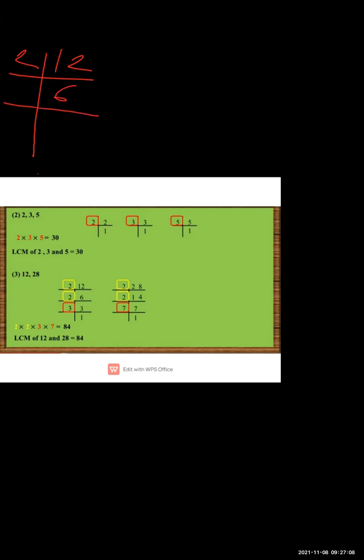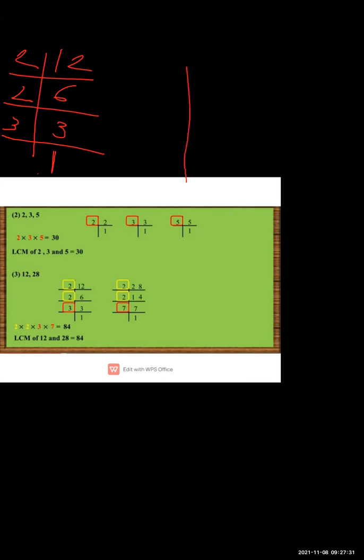Next is 6, again going into the table: 2 3s are 6. Again 3 is not going in any table, so 3 1s are 3. Whenever we get 1, we have to stop this method because our sum has been solved.